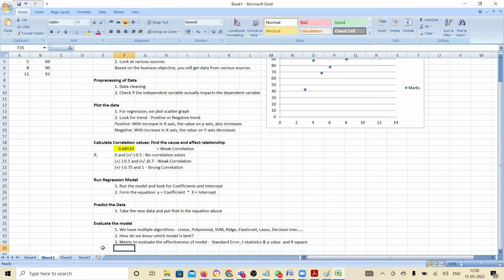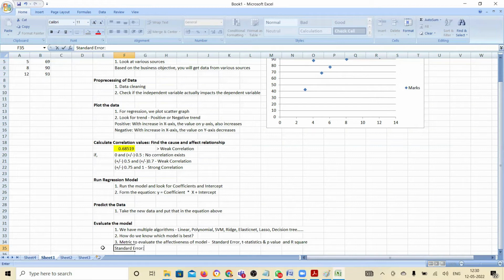When you say error, does error have to be less or more? Less, sir. Yes, error has to be less.